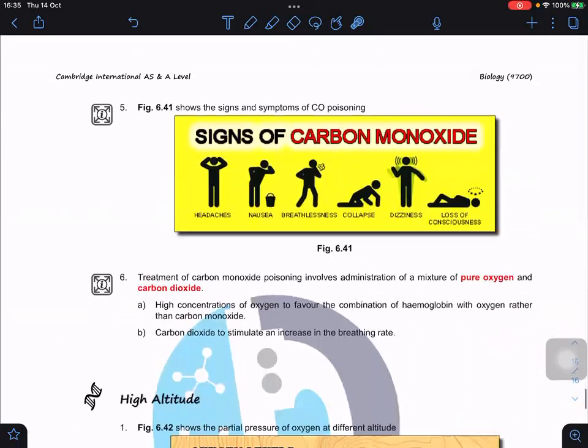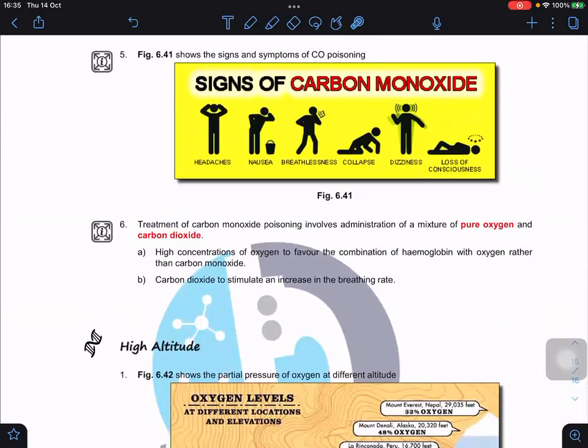So what are the signs and symptoms of carbon monoxide poisoning? Again, it is not in our syllabus. For example, headache, nausea, breathlessness, then you start to collapse, feel dizzy, and lose consciousness. With CO poisoning, most of the time your body will start to react because of the lack of oxygen.